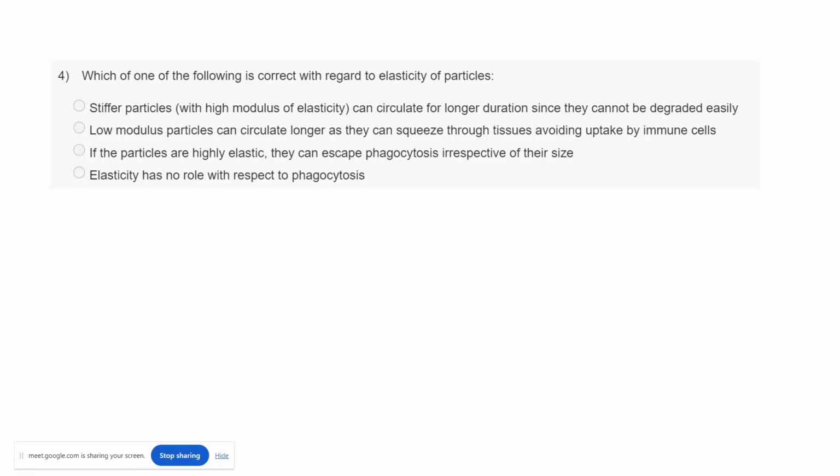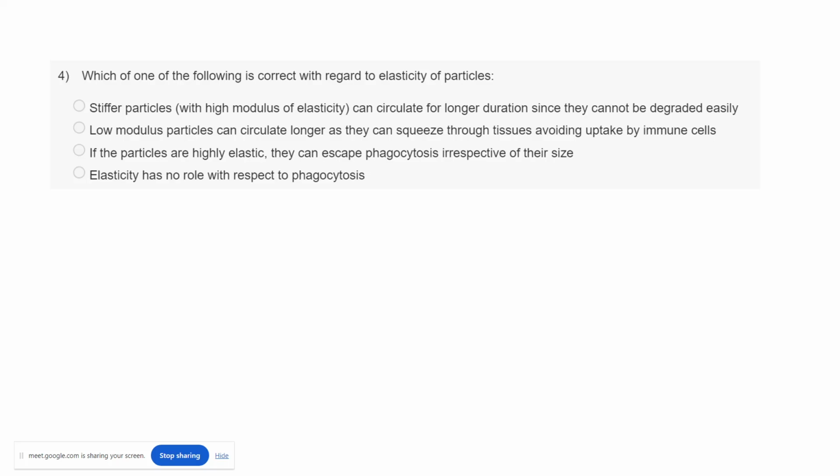Now, here we have the fourth question. Which one of the following is correct with regard to elasticity of particles? Stiffer particles with high modulus of elasticity can circulate for longer duration since they cannot be degraded easily. Low modulus particles can circulate longer as they can squeeze through tissues, avoiding uptake by immune cells.